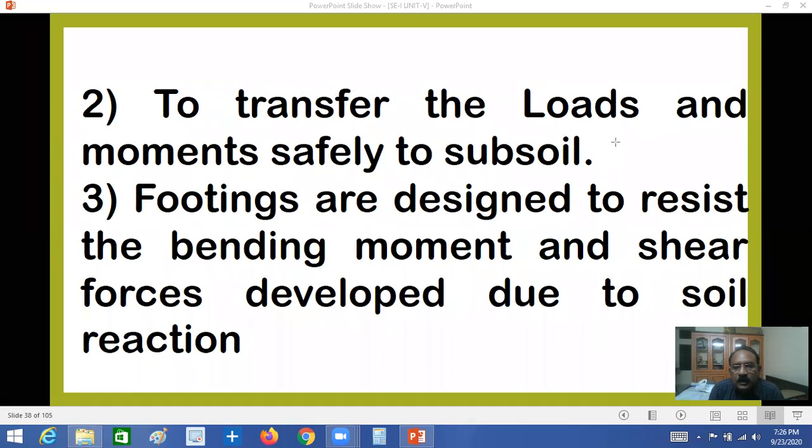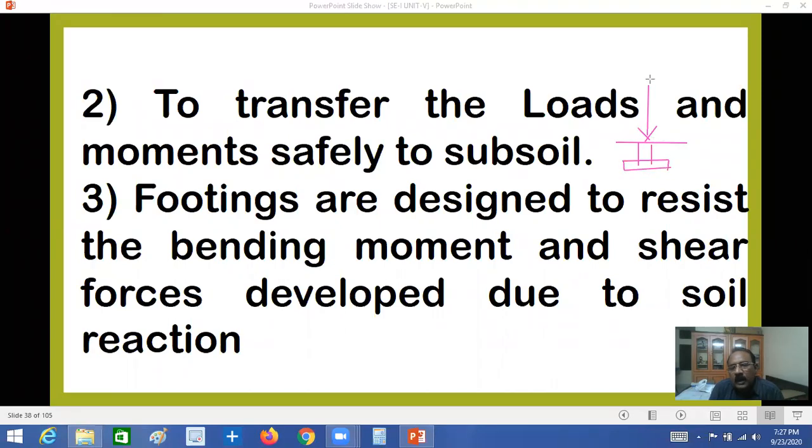Whatever load comes through the building will be transferred to the footing. So this is the footing, and the total load will be transferred to the footing. This is, say, a flat footing.